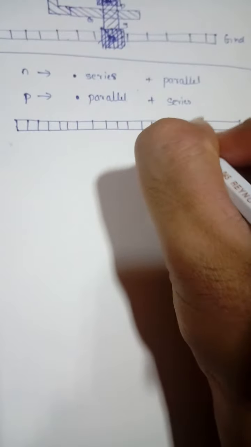So now we will design the layout for this. So let us start with the VDD and ground by using the metal lines.